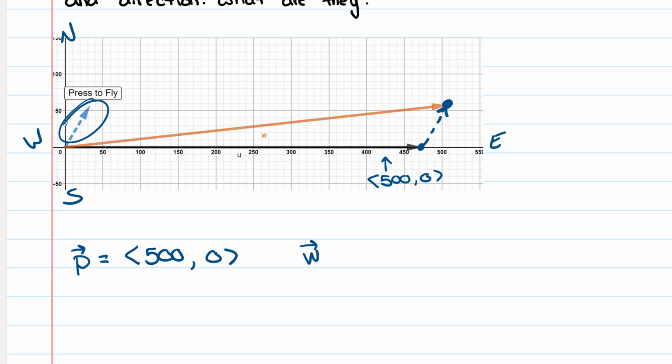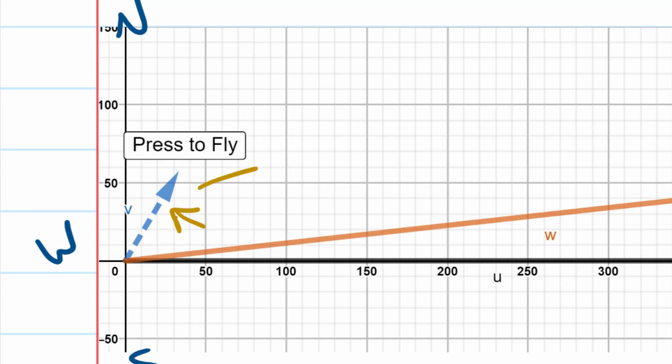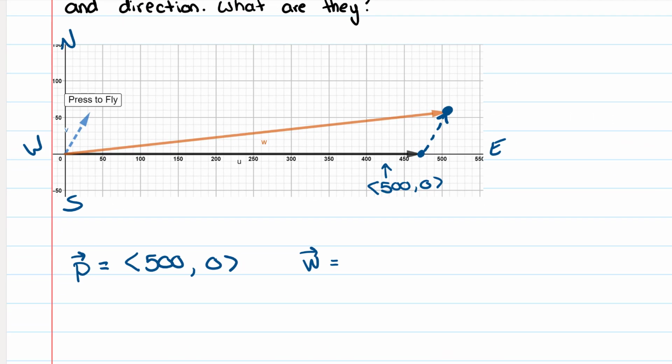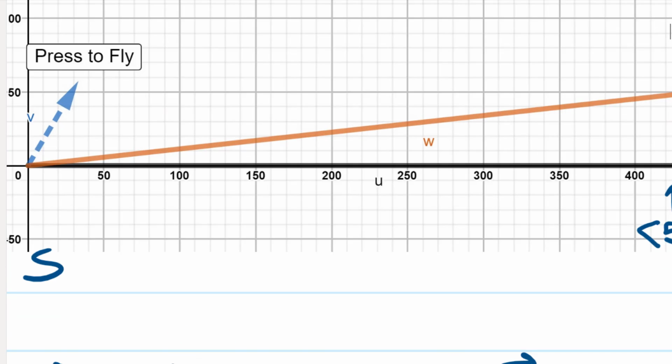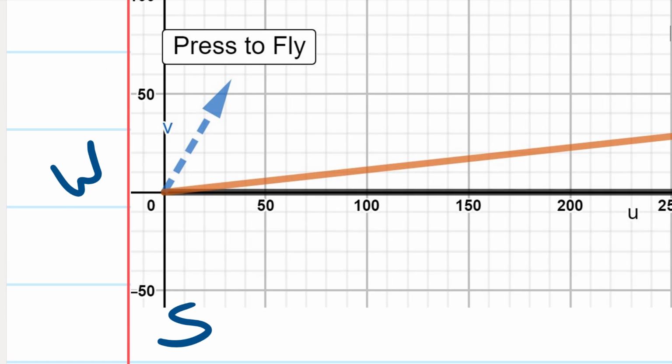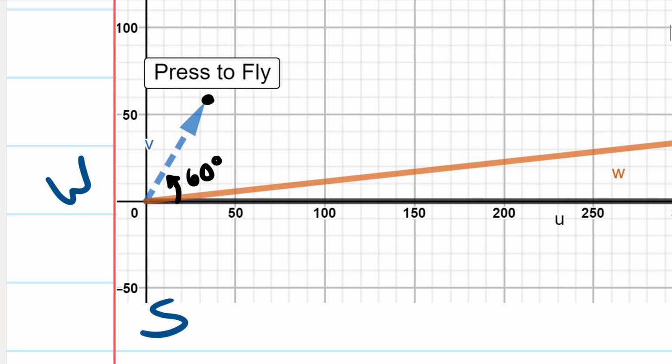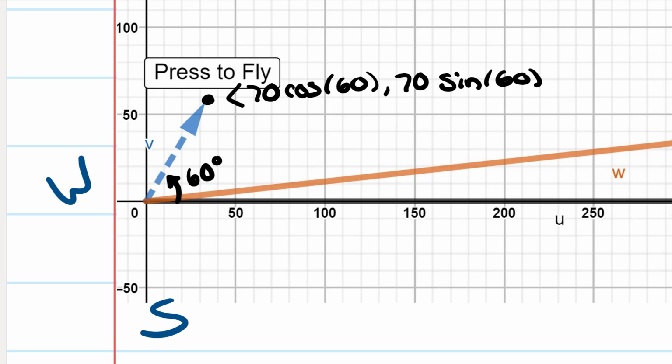My wind vector, however, is a little bit different. That is the blue vector right here. So in order to find this, I'm going to zoom in here and I'm going to go, okay, this has an angle of 60 degrees. So to find this component, it's going to be 70 because that's the speed, cosine of 60, comma, 70 sine of 60.